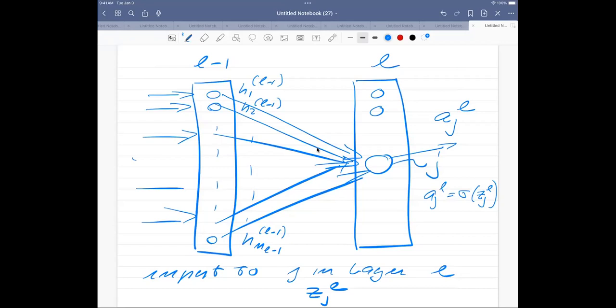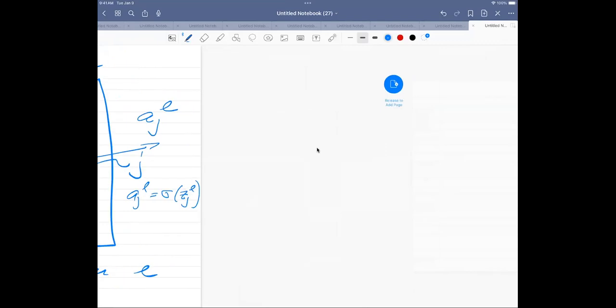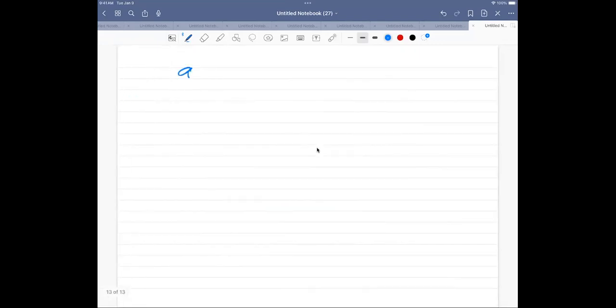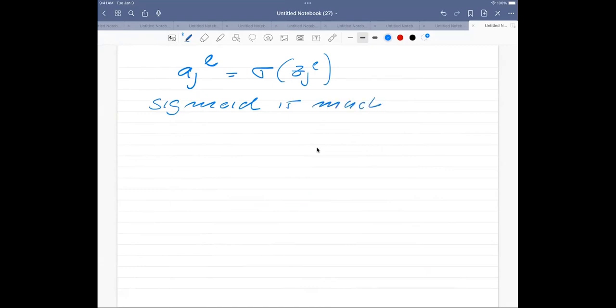So the typical function which we would set up then, so this A J of L is now given by some function of Z J of L, and the most standard one is the sigmoid function. It is much used, but we are coming back to other functions next week.